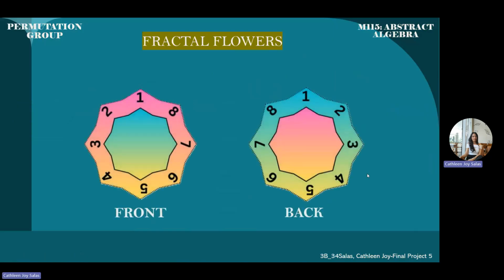So for our permutation group, let's have a different set of symbols or elements. For the front, we have 1, 2, 3, 4, 5, 6, 7, 8, and at the back we have 1, 8, 7, 6, 5, 4, 3, 2, 1.